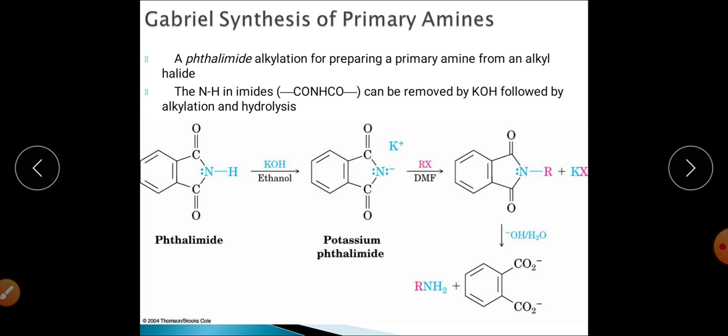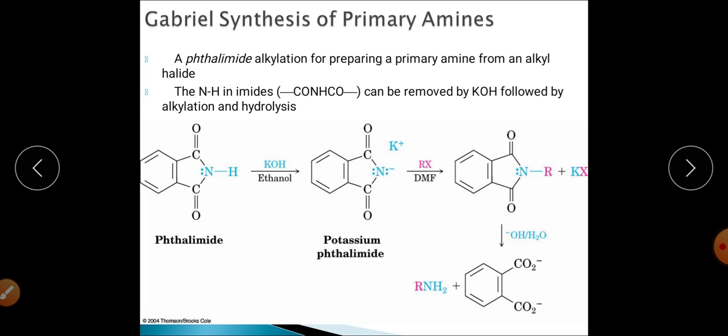This is called the Gabriel synthesis of primary amine, the Gabriel phthalimide synthesis reaction. We can also say this. In this particular reaction, we generally use phthalimide. So this is your phthalimide, and this phthalimide first of all reacts with potassium hydroxide.